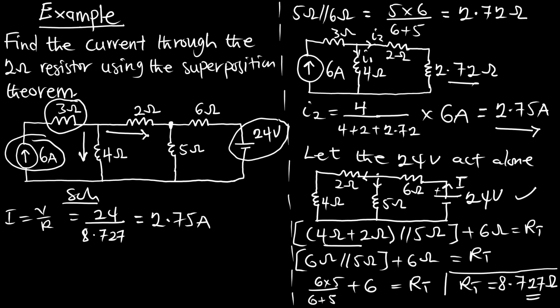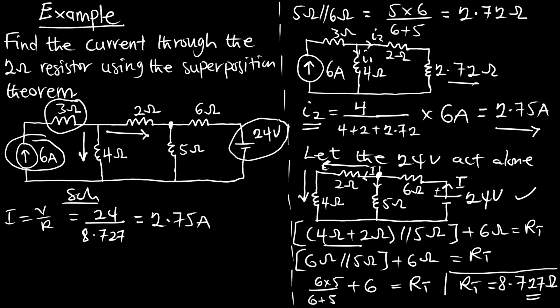So at this junction, it is going to split itself. So we can use the current divider rule to also find the current passing through the 2 ohm. Remember, the same current is going to pass through the 4 because they are in series. And by current divider, let's call this current, the first one is called, we got I2 when the current source is acting alone. So I will call this current I prime.